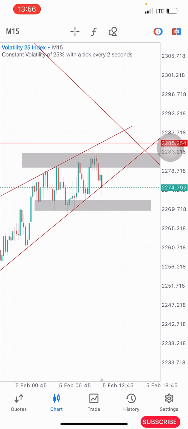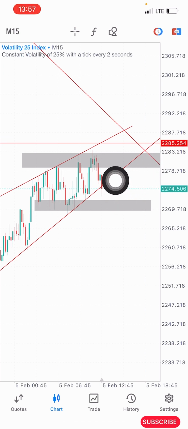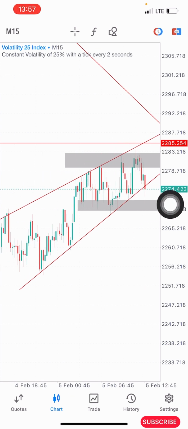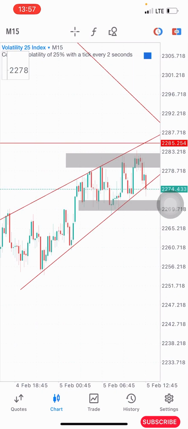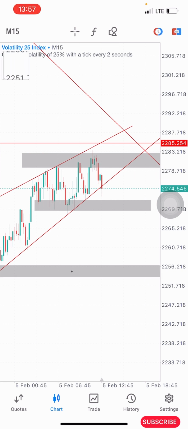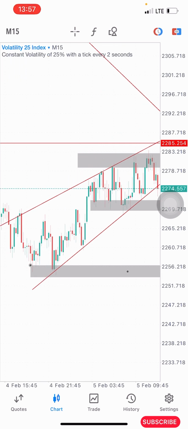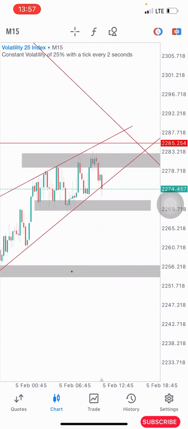All right, so now this is what I will do. I will wait for price to break below this, retest, and then I'll be selling to this area of support, right? So you can see that now coming down to the 15-minute time frame, I've kind of minimized my risks, right?